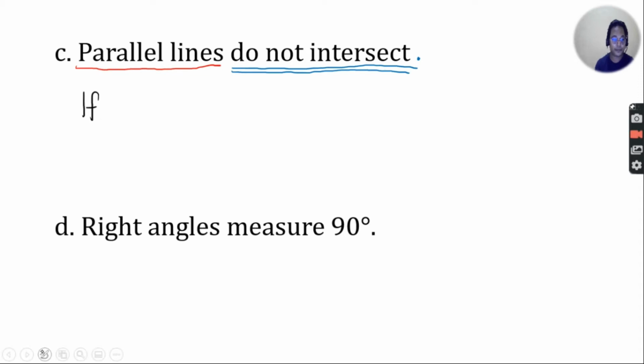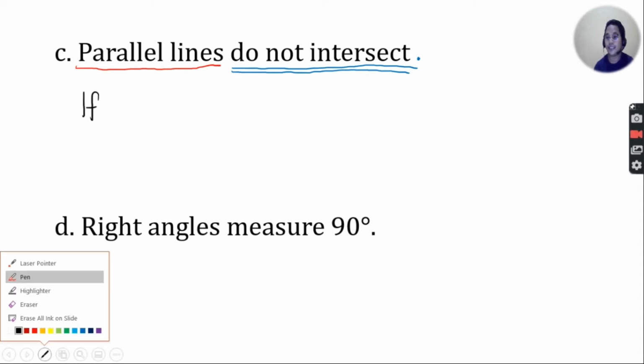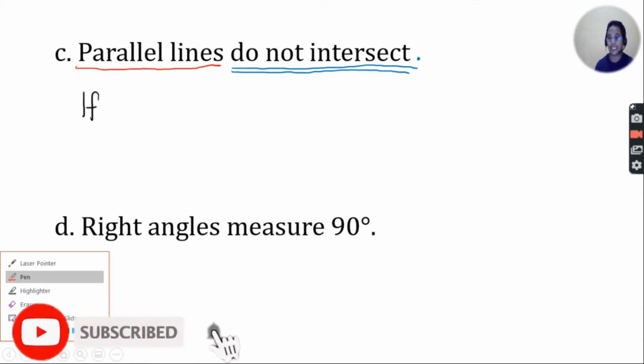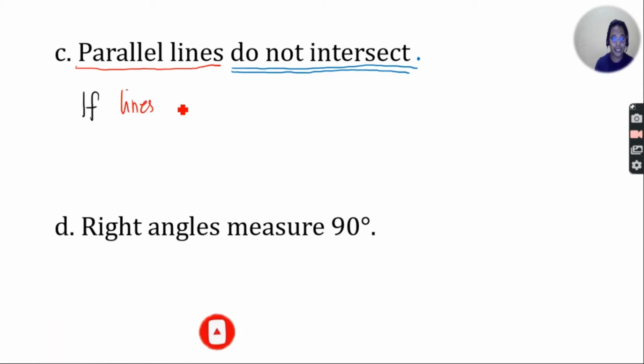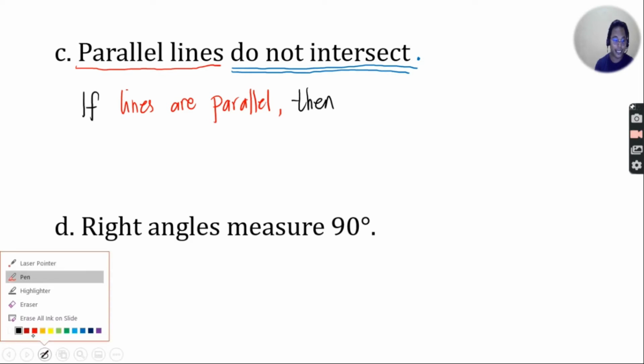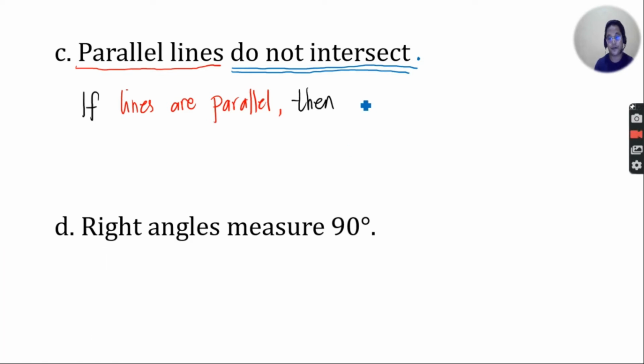If, since yung ating adjective po is parallel, so we can make it as our predicate po. So, if lines are parallel, then, so lines po yung ating tinutukoy, so pronoun po natin is they. Marami po. Then, they do not intersect po.